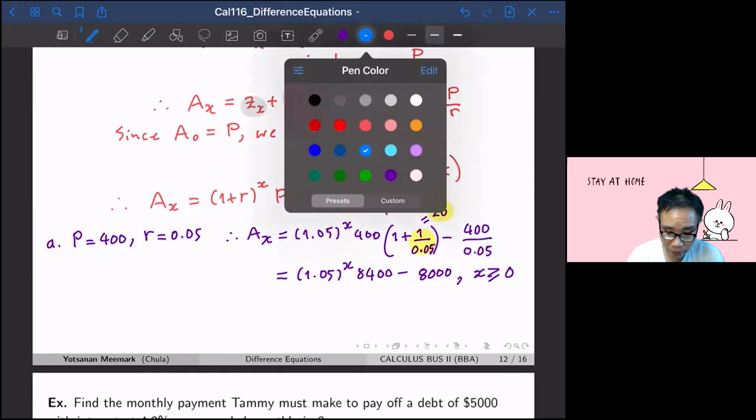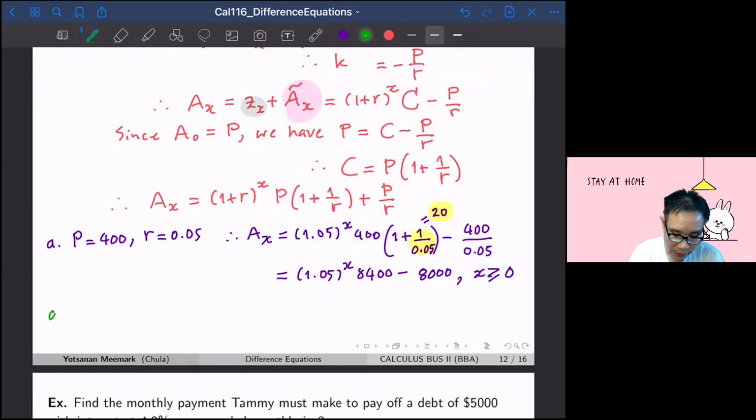The second one, you have part B. So for B, you have the principal equal to 500, okay? And you have R at 6%, okay?